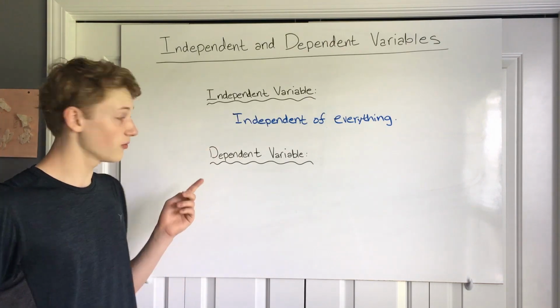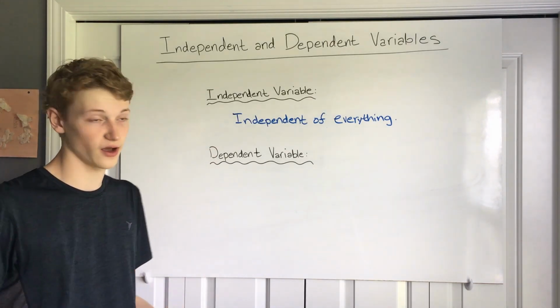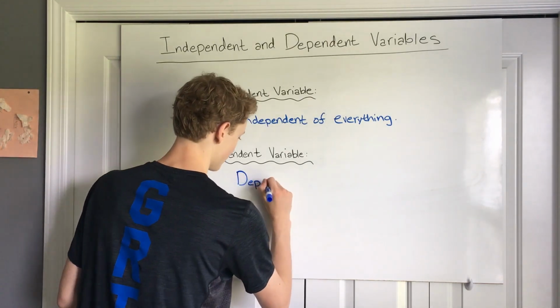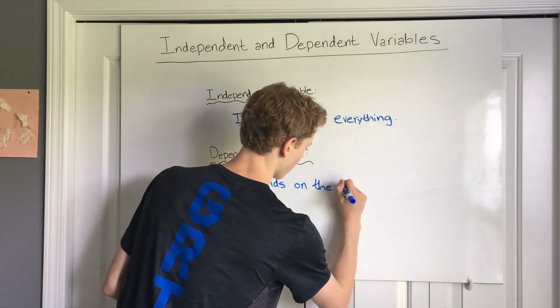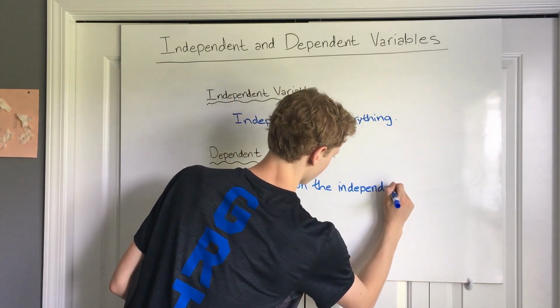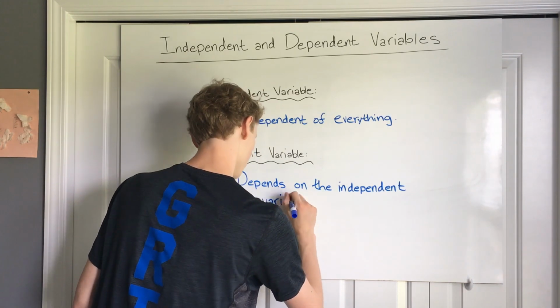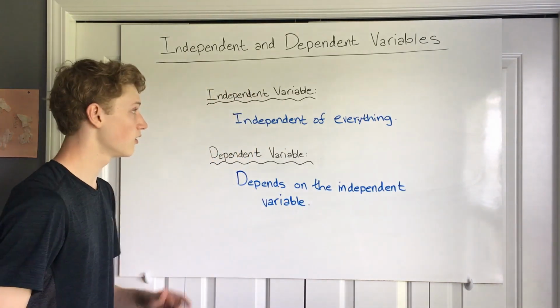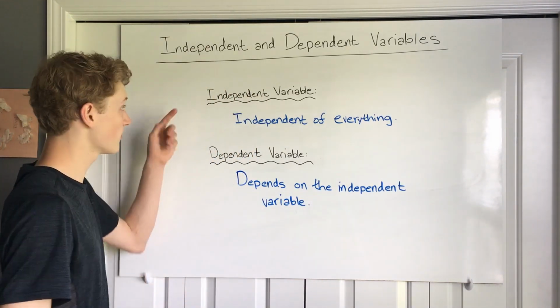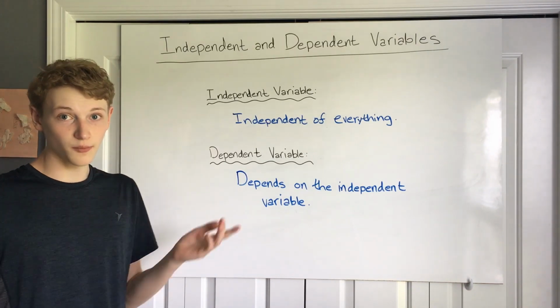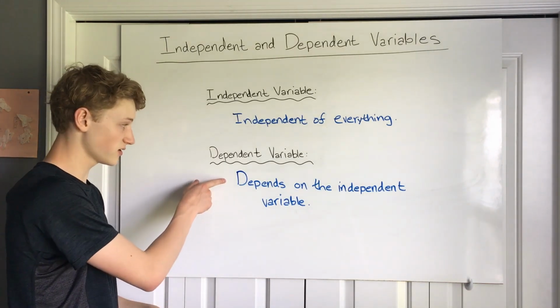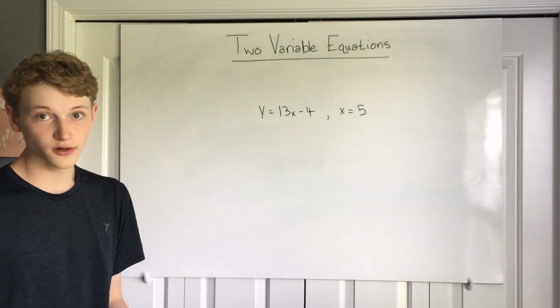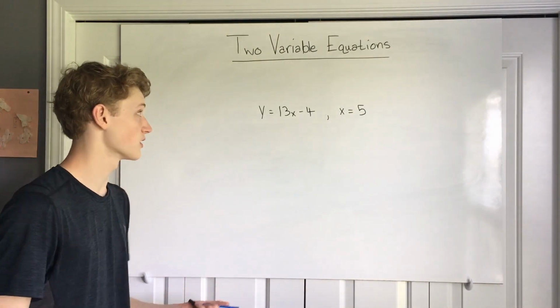Just like an independent variable, dependent variable sounds exactly like how it is. We use these two together to be able to change this to be whatever number we want to see what this becomes. So now we're going to talk about two variable equations.